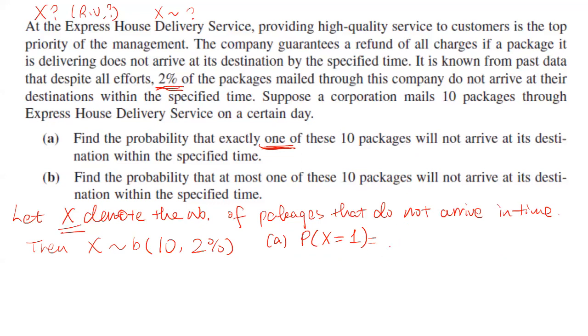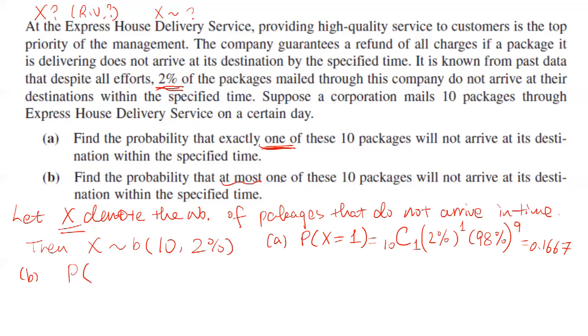That means according to the binomial formula, the probability of X being 1 is C(N, K), N is 10, K is 1, P is 2%, P to the K times, K is 1, 1 minus P is 98% to the N minus K times, which is 0.1667.